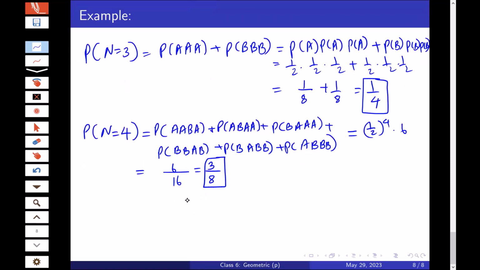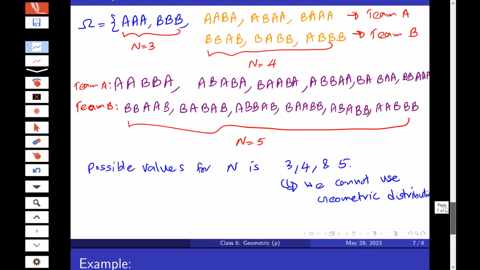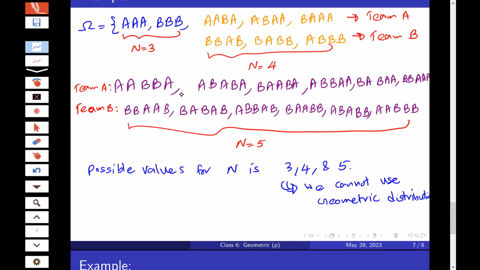Okay, so now let's find the probability of n equal 5. Here you have to find the probability of each of these items. So here we have 1, 2, 3, 4, 5, 6, 7, 8, 9, 10, 11, 12.